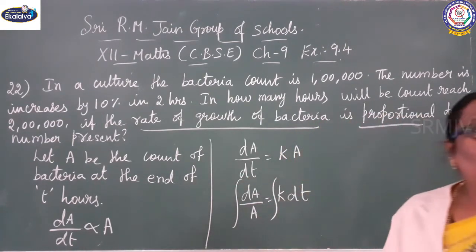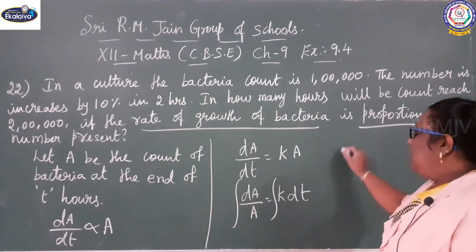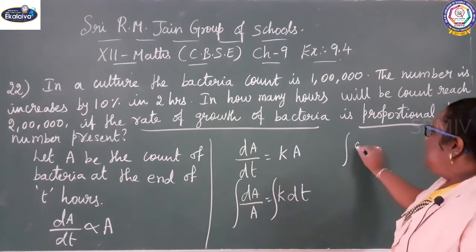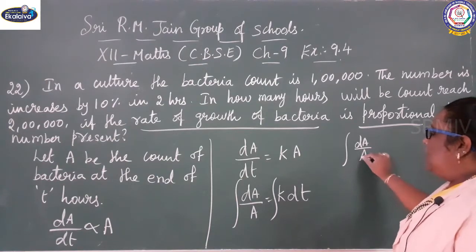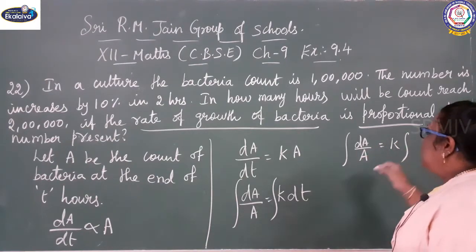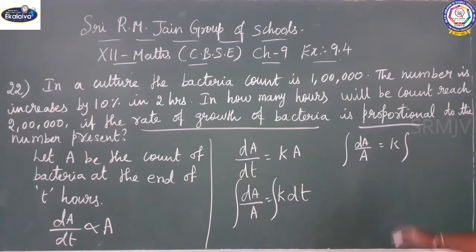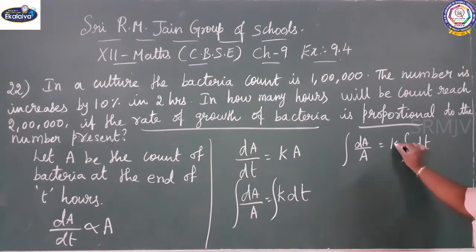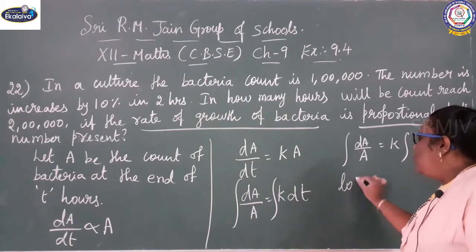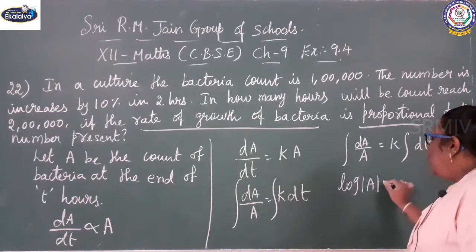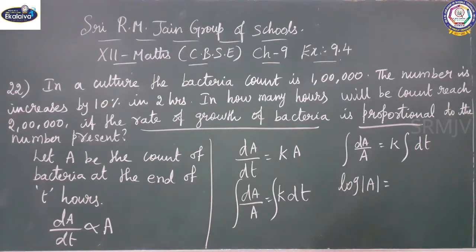Integrating on both the sides, integral dA by A equal to K into dt, K is constant, you can take it out. dA by A is nothing but what? Log of mod A equal to KT plus log of mod C.